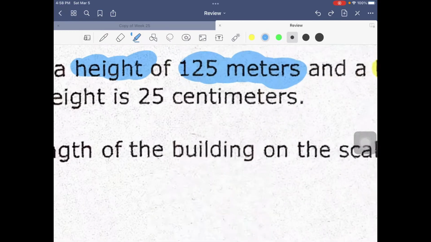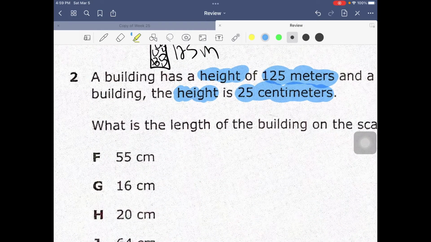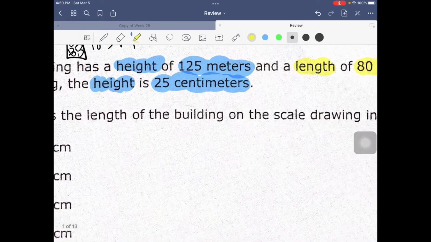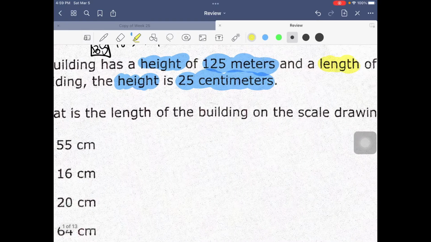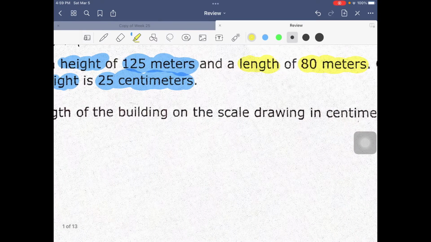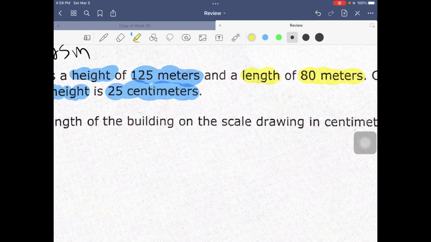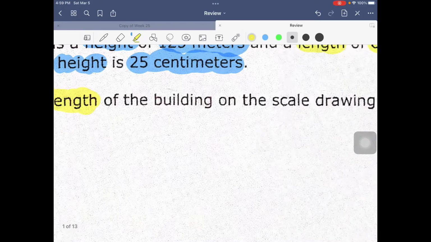Blue, okay. So it's going to be blue as well. Ahora, what is the length of the building on the scale drawing in centimeters? What color do we do length? Yellow. Entonces aquí también vamos a hacer length.